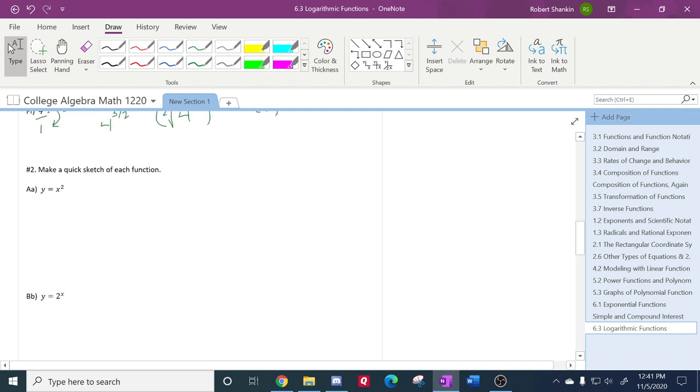Make a quick sketch of these two functions. So you don't have to plug in points. If you have to, you can plug in some points, but if you know the shape of those curves without plugging in points, that's all I really need you to do.